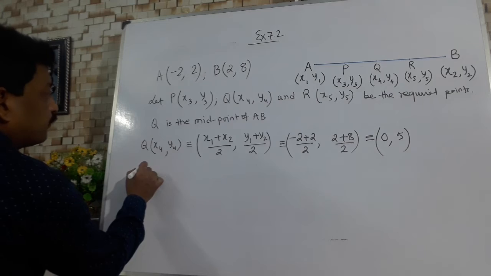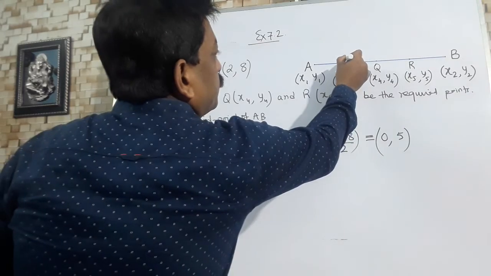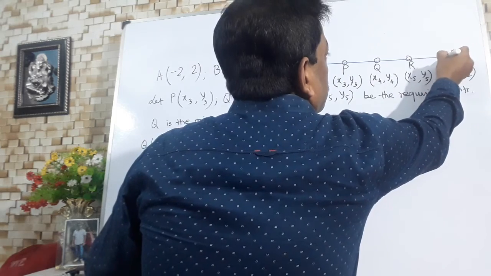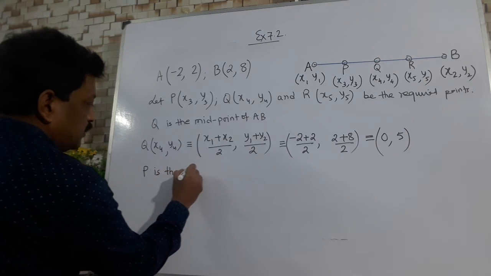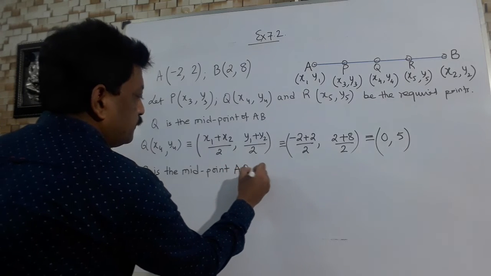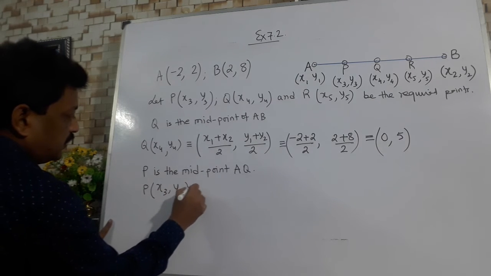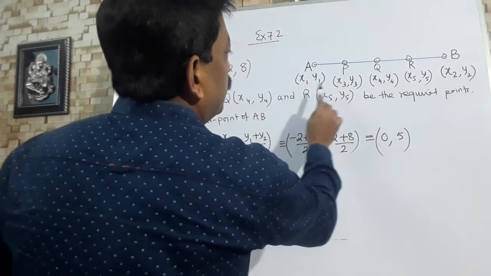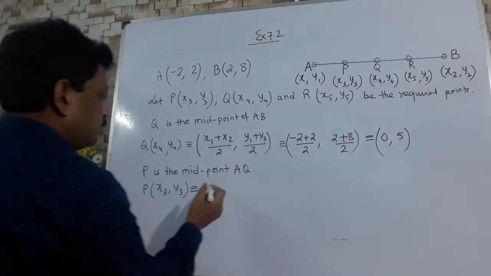Now P is the midpoint of AQ. So P (x3, y3), since P is the midpoint of AQ, will be (x1 plus x4) by 2 and (y1 plus y4) by 2.